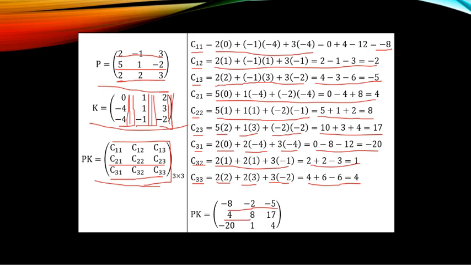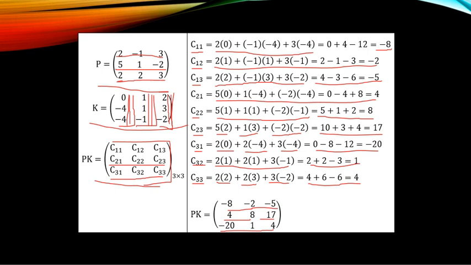C22 is 8. C23 is 17. The third row, you have C31 is -20. C32 is 1. C33 is 4. So this is how matrices are multiplied.